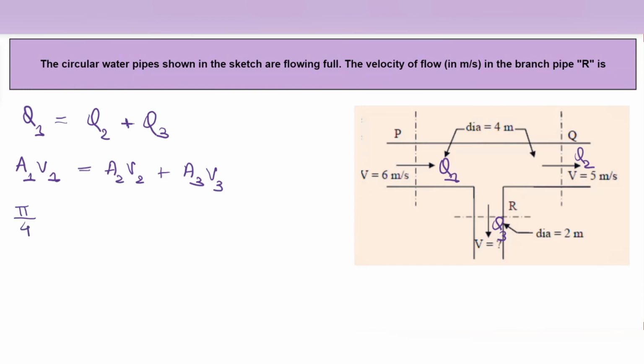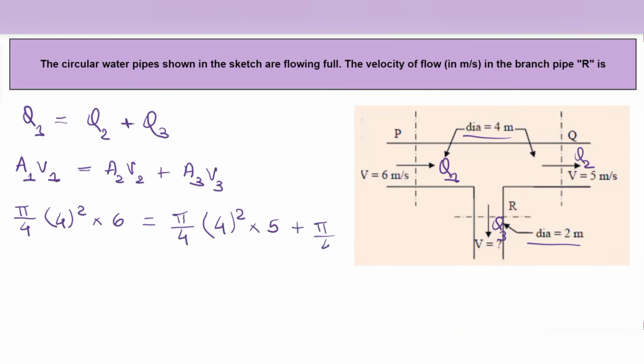Area is pi by 4 d square. Diameter is 4 meter as it is given in the diagram. So it will be pi by 4 into 4 square into V1, which is 6 meter per second, is equal to pi by 4 into 4 square into V2, which is 5 meter per second, plus A3 V3.